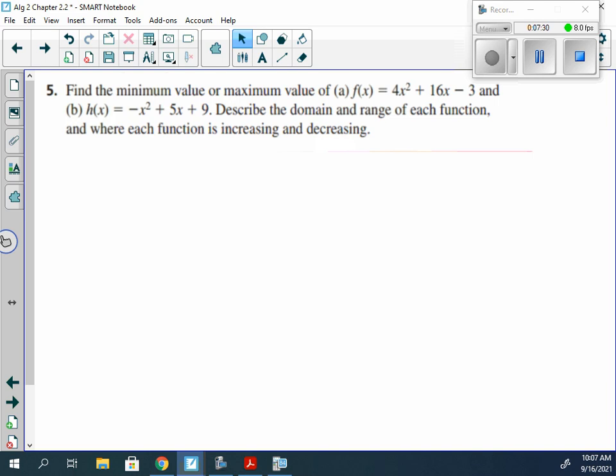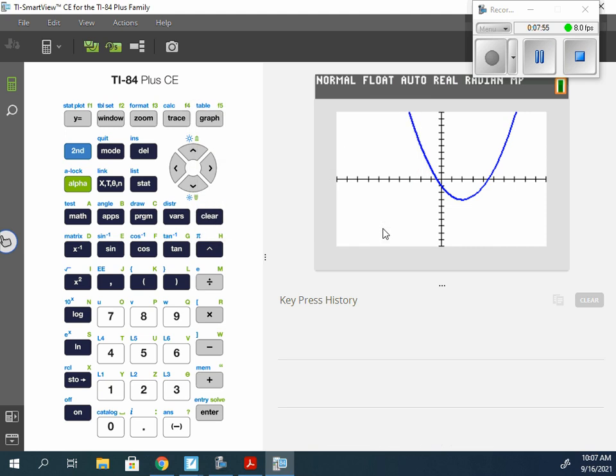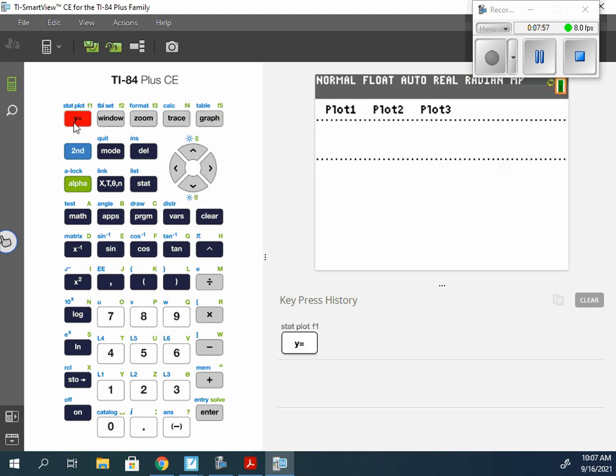Let's look at another one. Well, let's utilize the graphing calculator to do this for us. Clear all that out. So let's start off by hitting y equals.